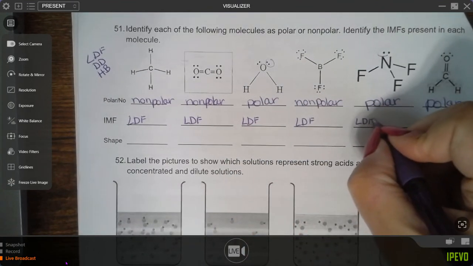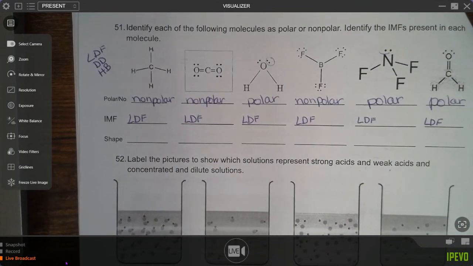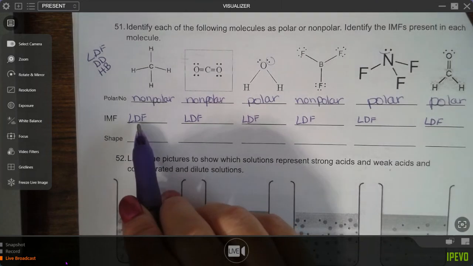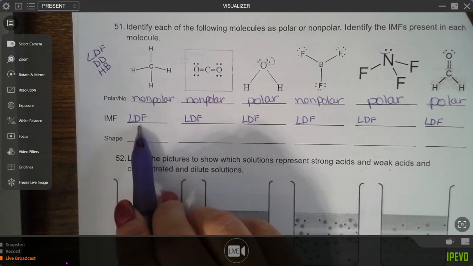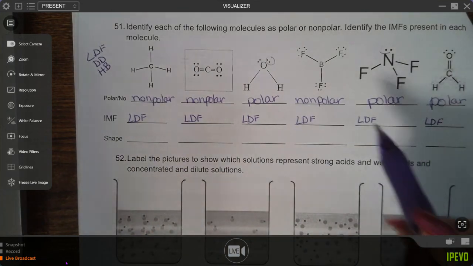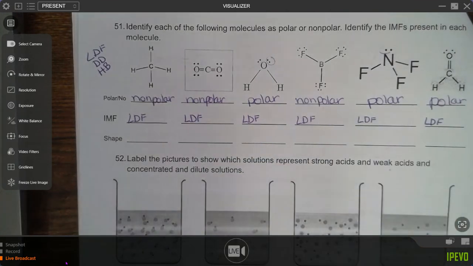Now, nonpolar molecules, the only force they have is LDF. All right. So carbon tetrahydride only has London dispersion. Carbon dioxide, only London dispersion. Boron trifluoride, only London dispersion.